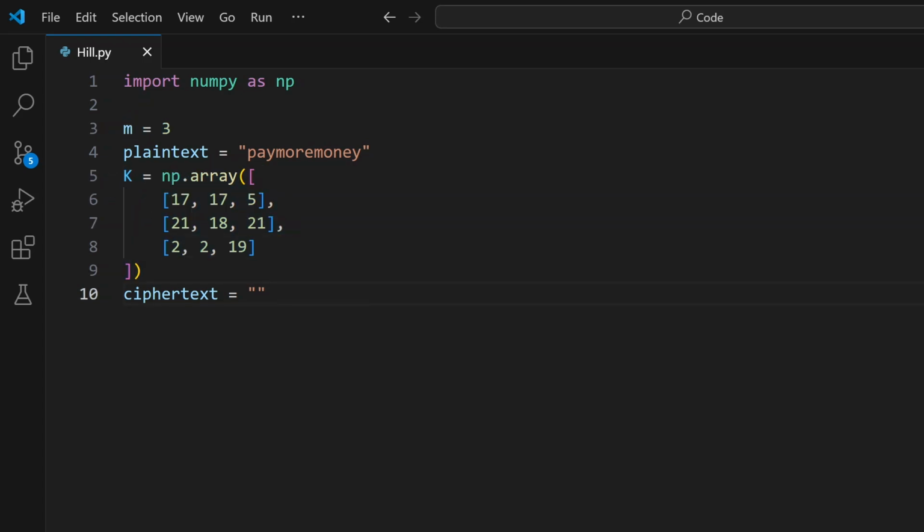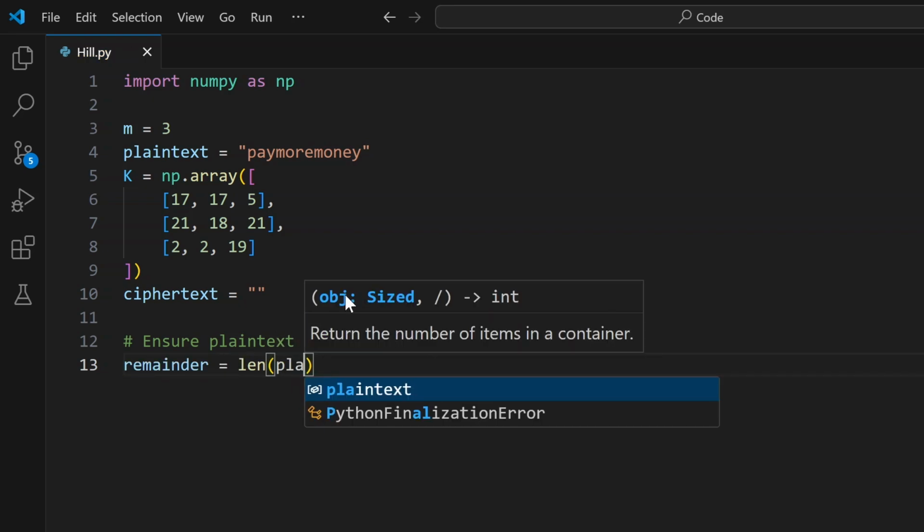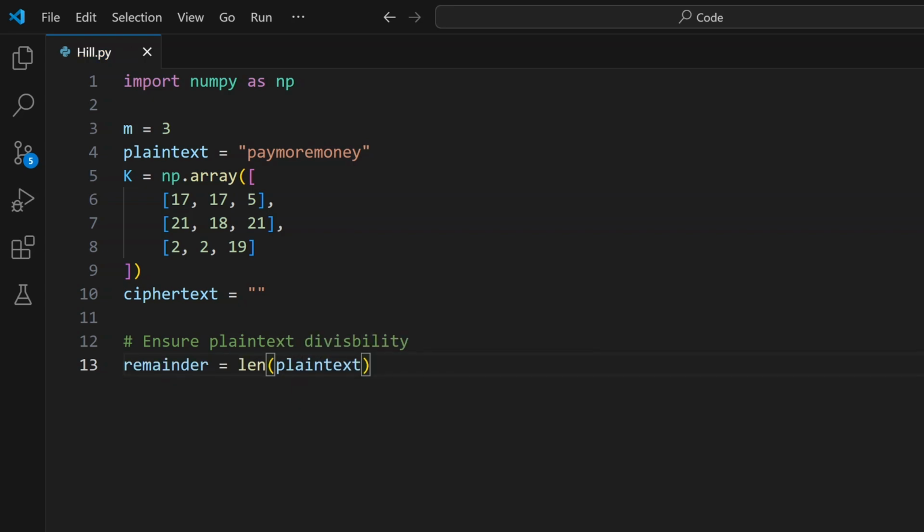Okay. So let's do that. Let's check for, so ensure plain text divisibility, something like that. You can name it something else, but that's what I'm going to call it. So we want to check if we have remainders when we divide the length of the plain text by m. The remainder will have a non-zero value if it is not divisible by that.